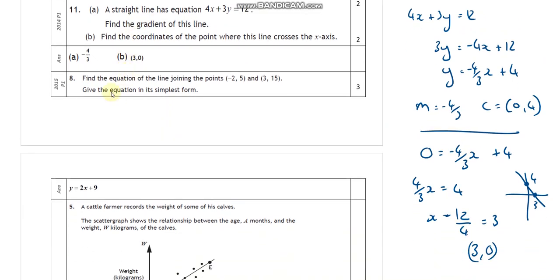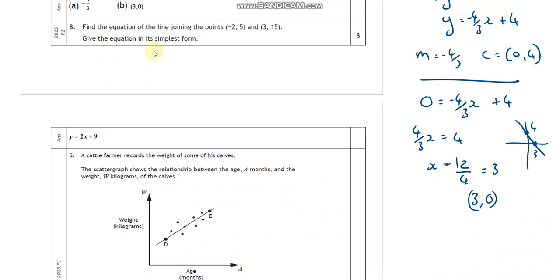Good. This one, find the equation of the line in its simplest form. So this is our standard one. Label up your points, do your gradient, do your equation. So I'm just going to be lazy and label my points up here. So x1, y1, x2, y2, and then the gradient is y2, take away y1, divided by x2, take away x1. That's going to be 10 divided by 5, gradient's 2.